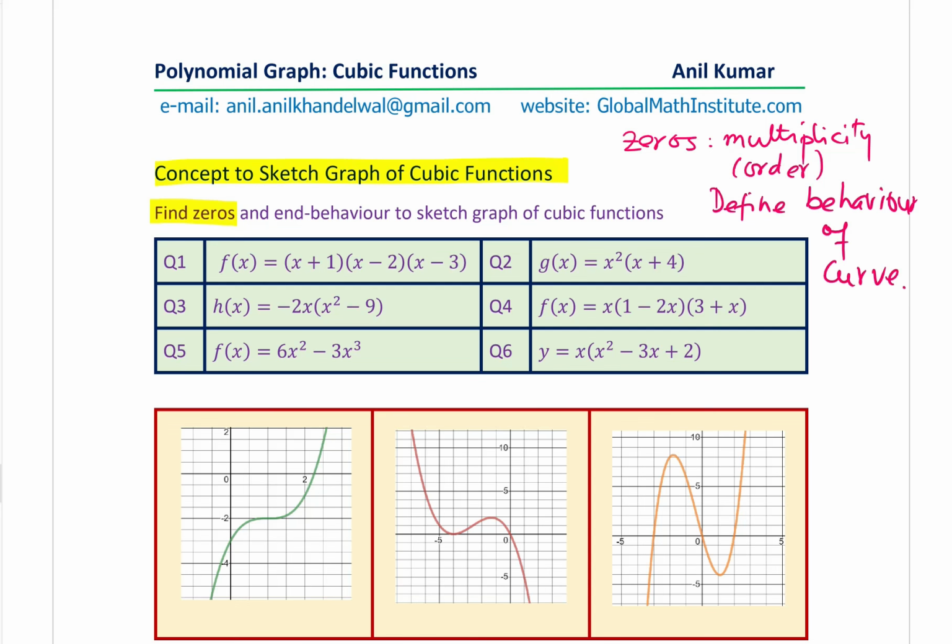Apart from x-intercepts, they also tell you the type of turning point. It could be like a saddle point or could be a straight line, depending on the order of the zero, right? So we took up different examples in this particular case, and end behavior was defined with the leading coefficient, correct? So the leading coefficient and the zeros helped us to sketch the graph.